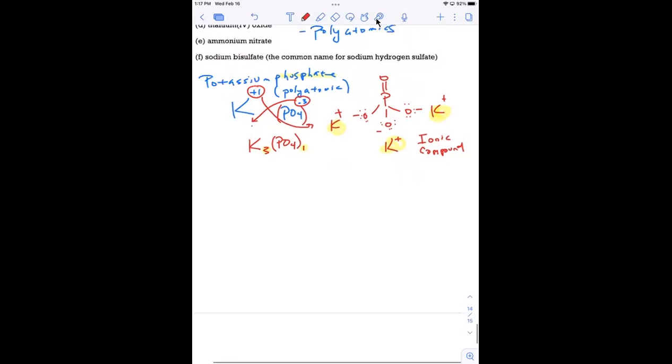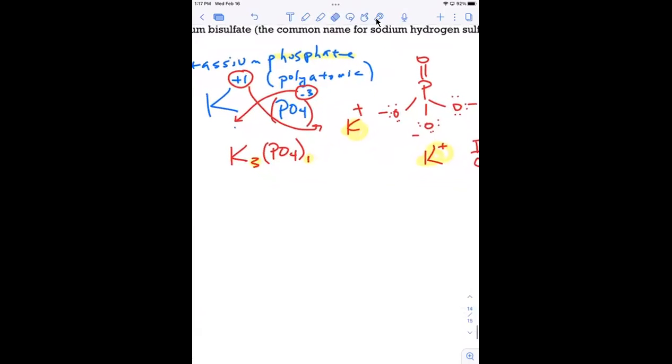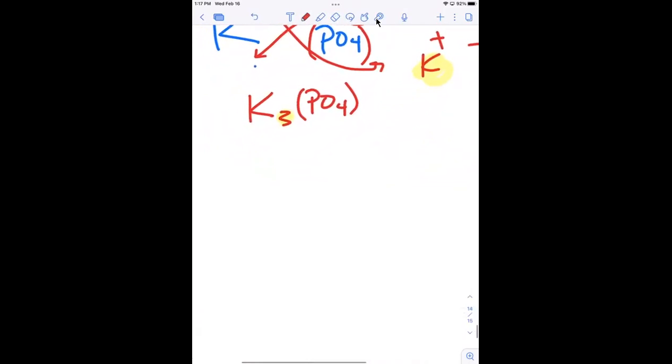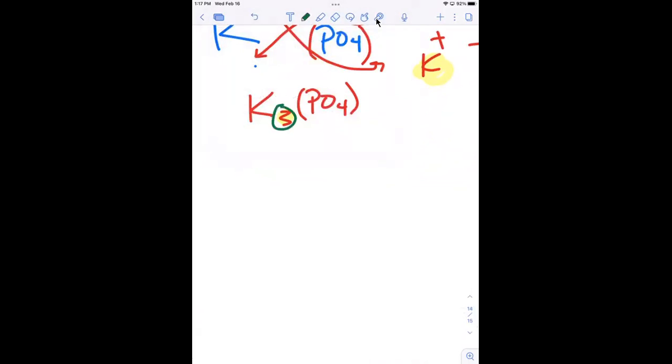So with potassium phosphate, it is K3PO4. And we don't need this 1 down here because that's understood. Right. So these subscripts point to something, though. They give us a glimpse into another concept, which we call stoichiometry, right?